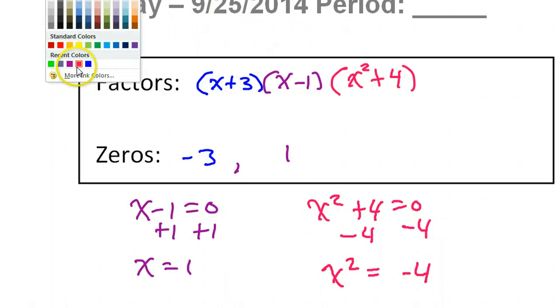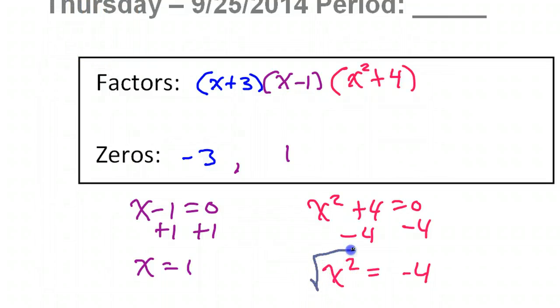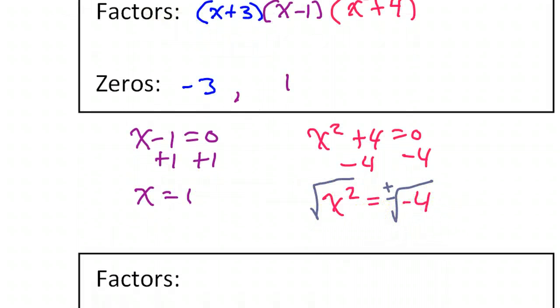Then I would take the square root of both sides. Don't forget your plus or minus, guys. So that's going to give me x equals plus or minus 2i.